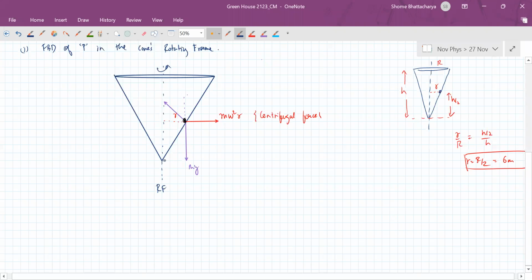So if this angle here is theta, then this angle will be theta. So you can see theta is tan inverse of h by r. So it's 53 degrees.